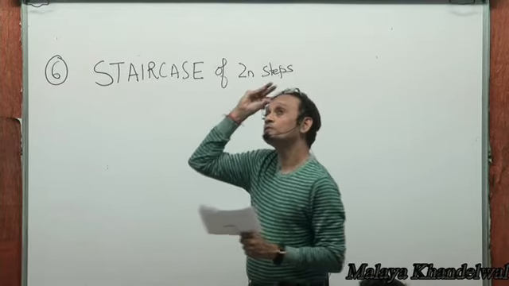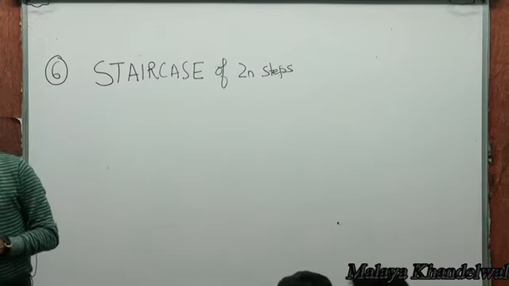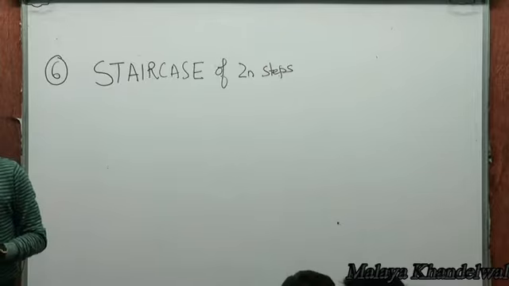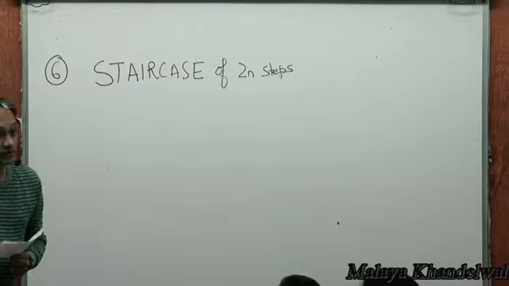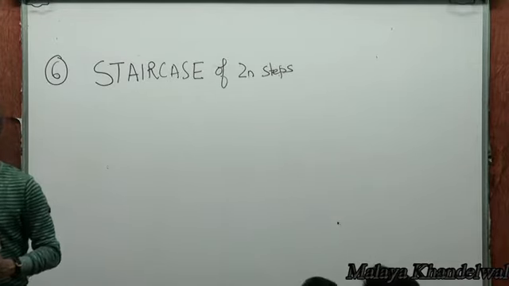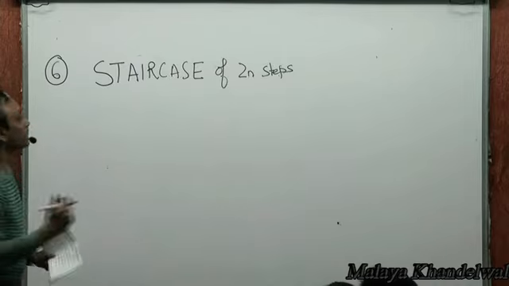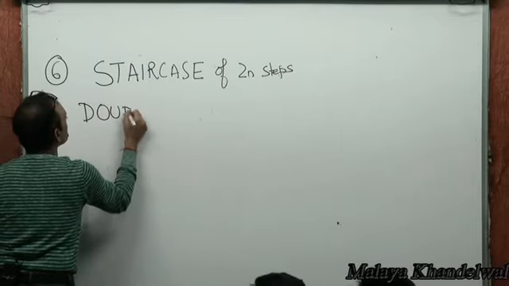What he does is, he takes steps in units of 1s and 2s. Either he climbs 1 stair at a time or he climbs 2 stairs at a time, right? I'll call the 2 stairs at a time a double step and a single step. He's capable of taking a double step.